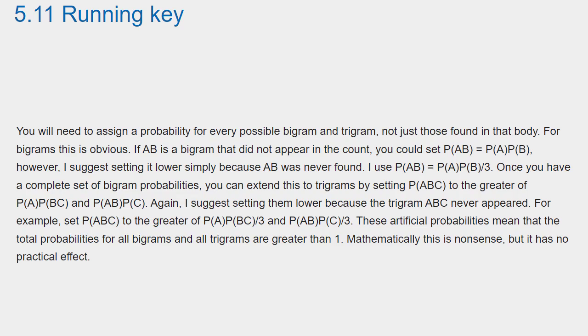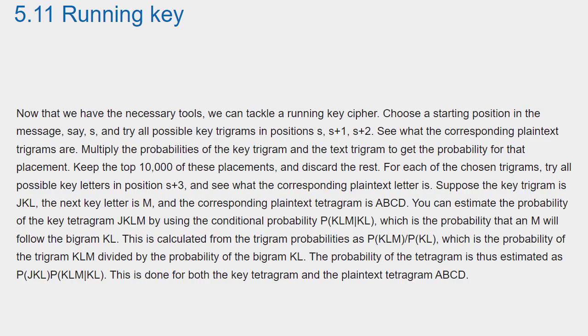For example, set P(A, B and C) to the greater of P(A) times P(B and C) over 3 and P(A and B) times P(C) over 3. These artificial probabilities mean that the total probabilities for all bigrams and all trigrams are greater than 1. Mathematically, this is nonsense, but it has no practical effect.